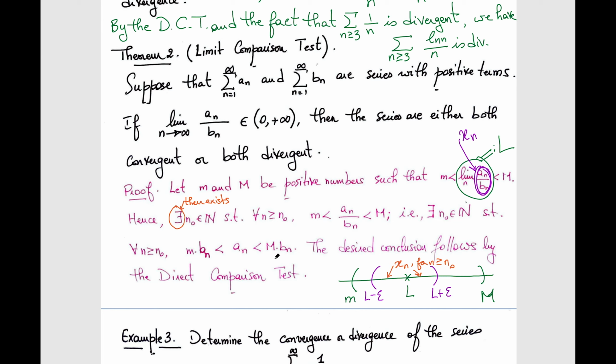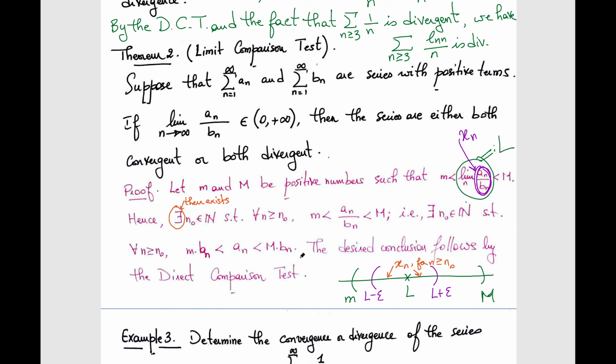And then by the direct comparison test, keep in mind that the a_n's are positive, right? All of the terms are positive here. So the direct comparison test applies. As such, the series whose terms are a_n is convergent because its terms are smaller than the terms of the convergent series whose terms are M times b_n.